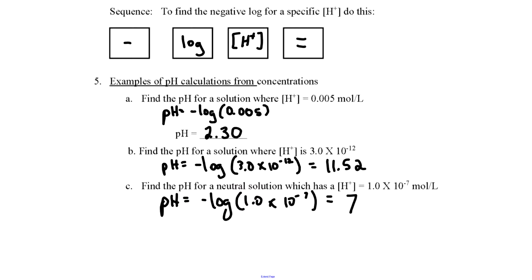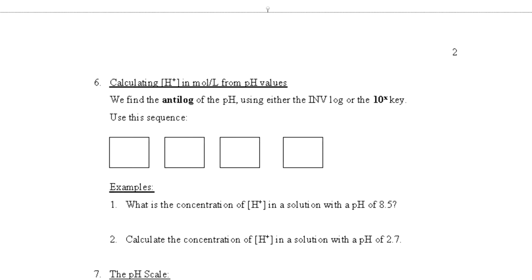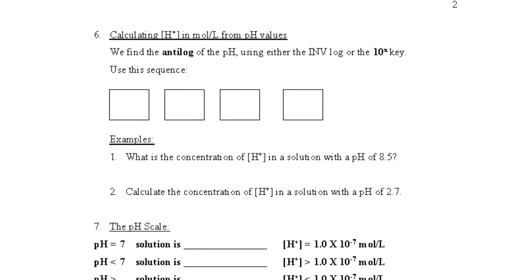Okay, so let's take a little further look here. There's also this scenario where you can do this calculation backwards, right? So you can calculate the hydrogen ion concentration if you have the pH value. In this case, though, we have to do something called the anti-log of the pH.